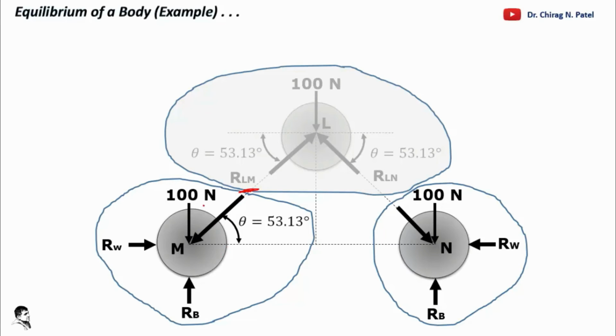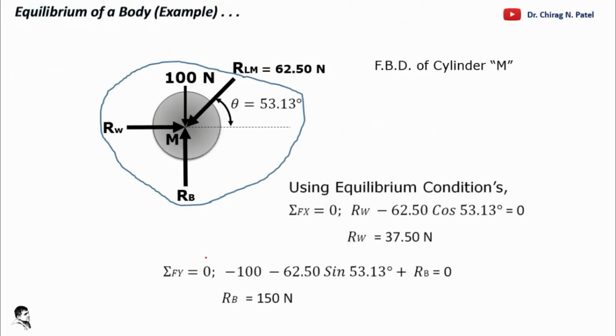Now in this we have a total of 4 forces: RLM, 100 Newton, RW and RB. But the requirement of Lamy's theorem is only 3 coplanar forces, then you can solve that. But here 4 forces are there, so you can solve that by using the equilibrium condition.